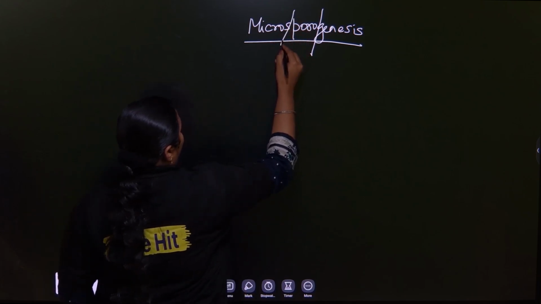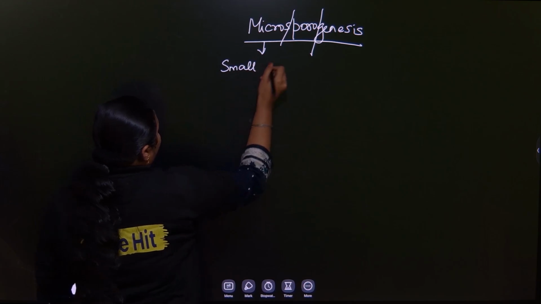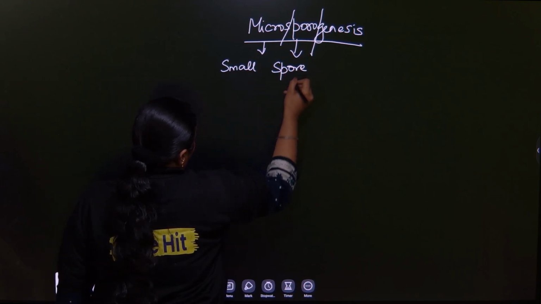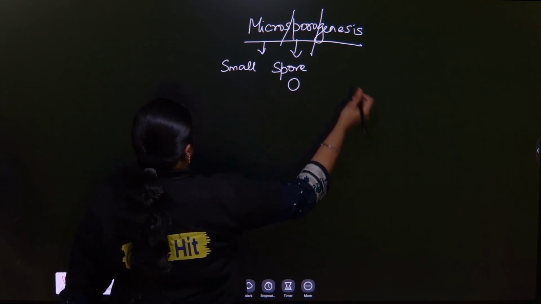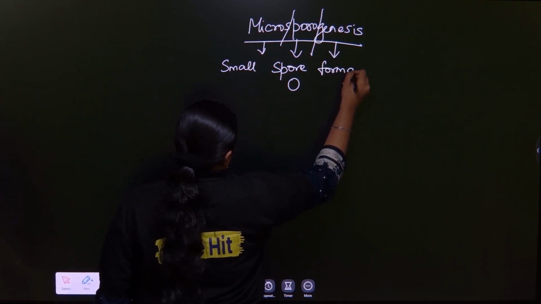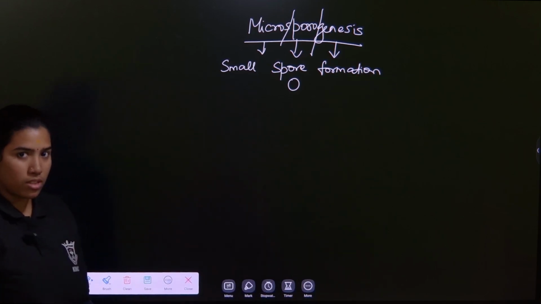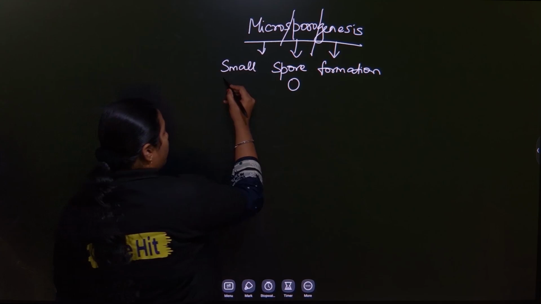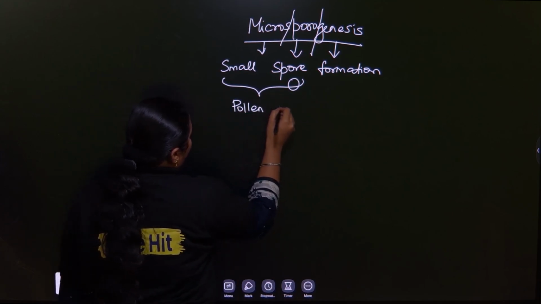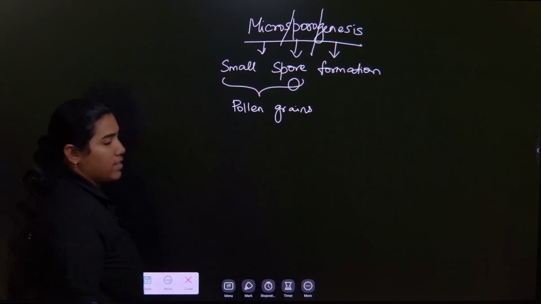So what does micro stand for? Small, right? What does spore stand for? Spores are structures like this, smaller, rounder. Genesis is formation. So basically this translates to formation of small spores. What do we call these spores? Pollen grains.